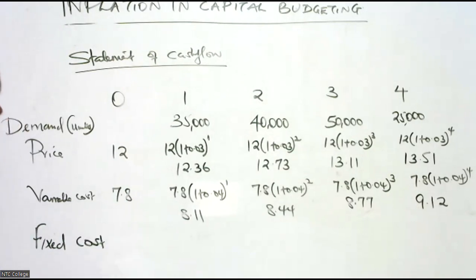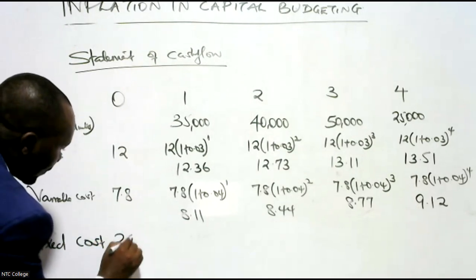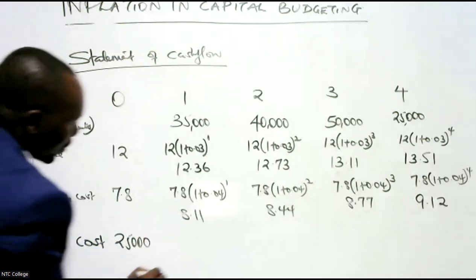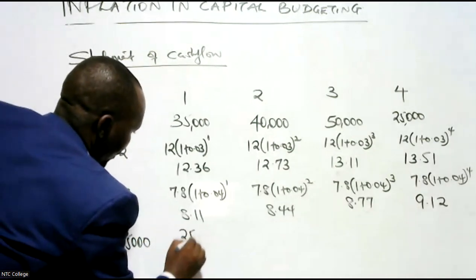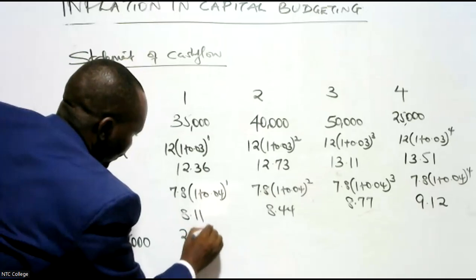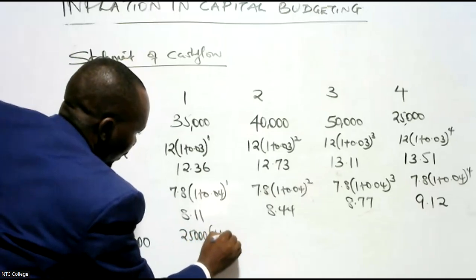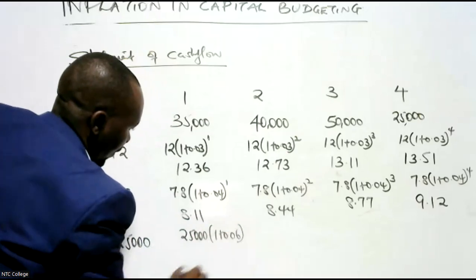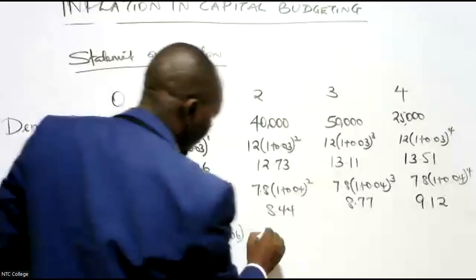So the next thing is to get the fixed cost. Fixed cost in year 0 was 25,000 here. So we have 25,000. It is increasing at 6%. So what is the answer?